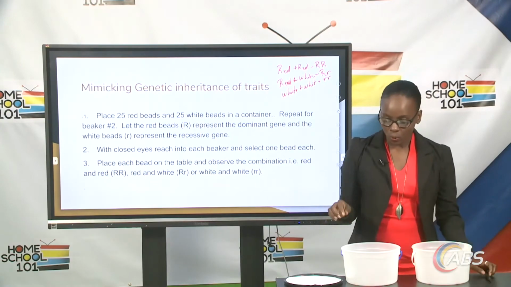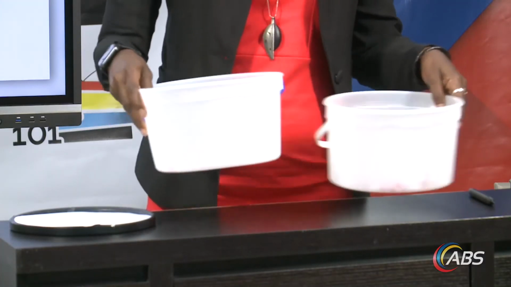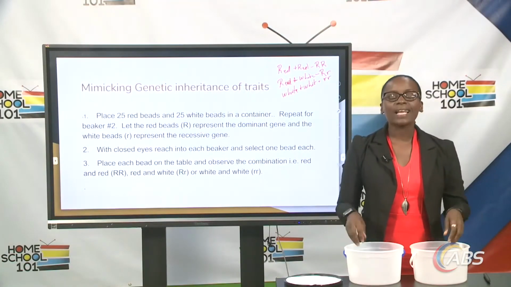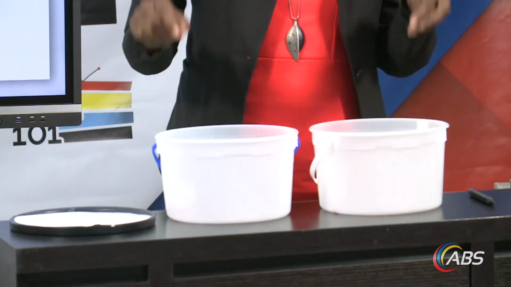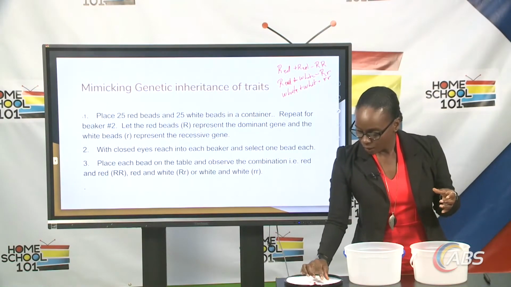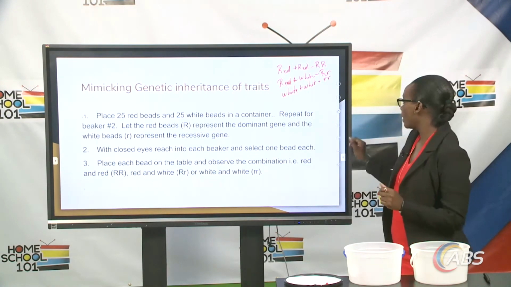All right, so we are going to just pick. I'm going to shake them and close my eyes, and I'm going to be picking. All right, so that one is red on white.